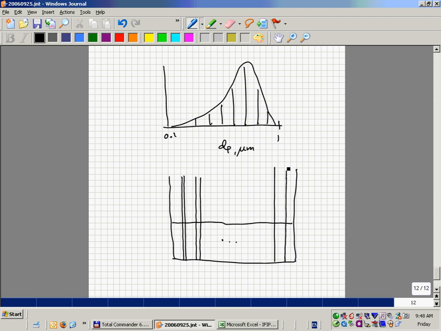This diameter here is 0.8 microns. And this one here is 0.2 microns. Okay?